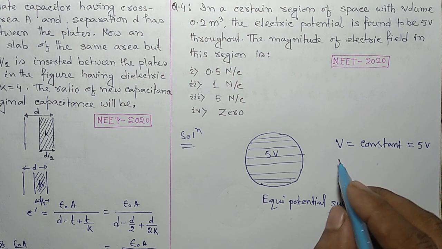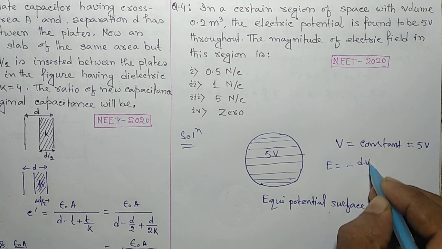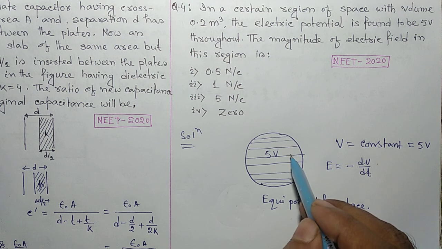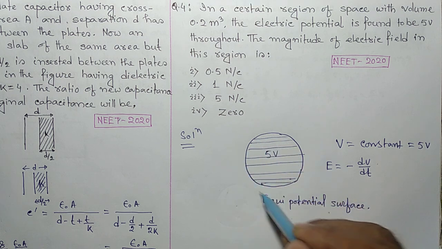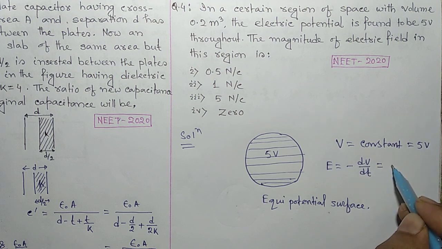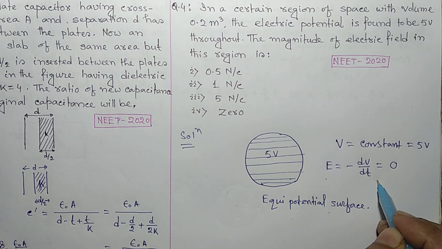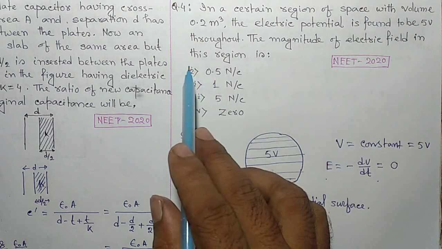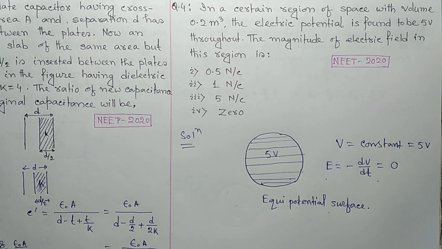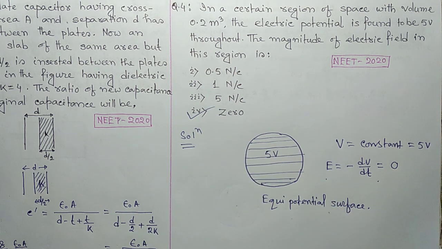Now electric field, we know the formula E is equal to minus dV by dt. So as electric potential is the same constant everywhere, the change in potential is equal to 0. So electric field will be 0. The magnitude of electric field in this region will be 0. So 0 is our answer. Option 4 is the right answer.